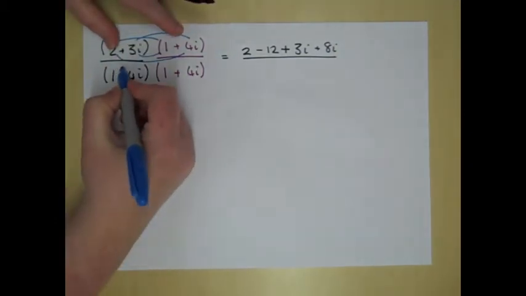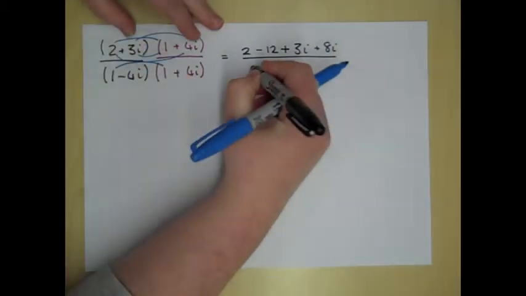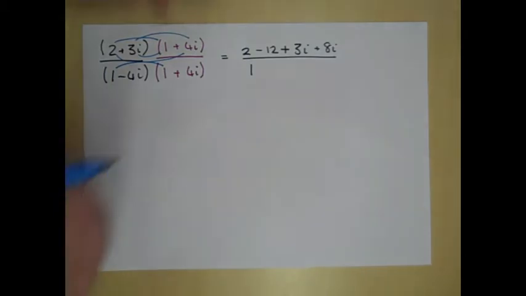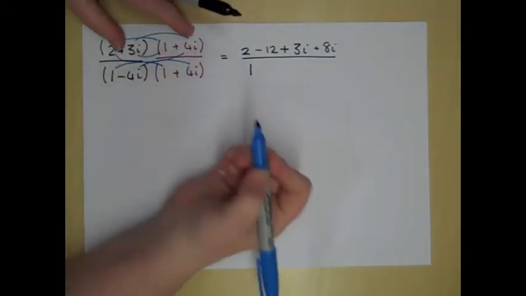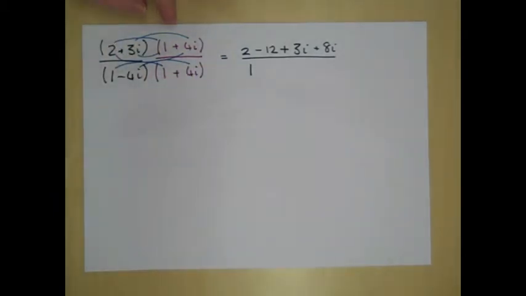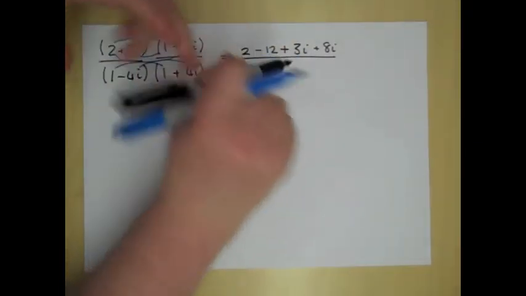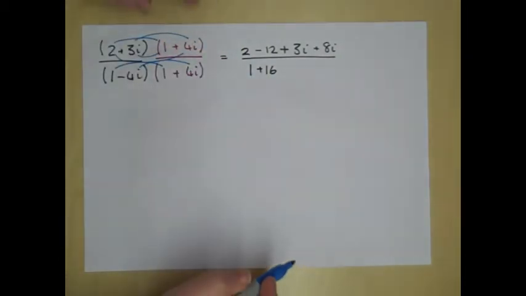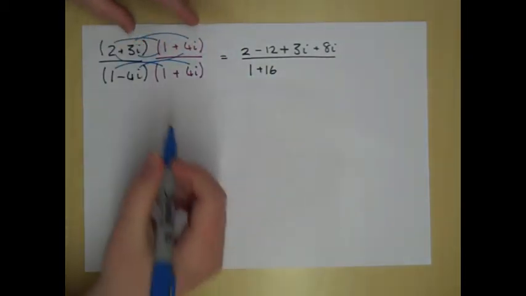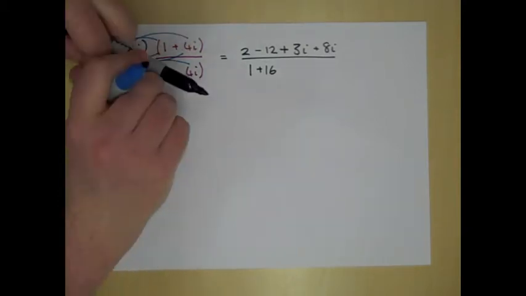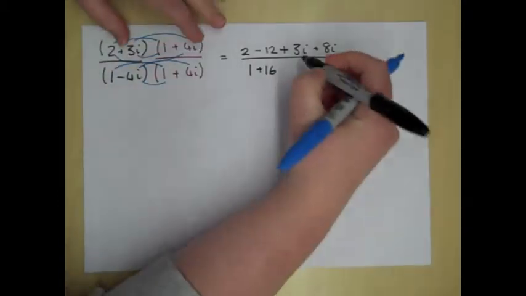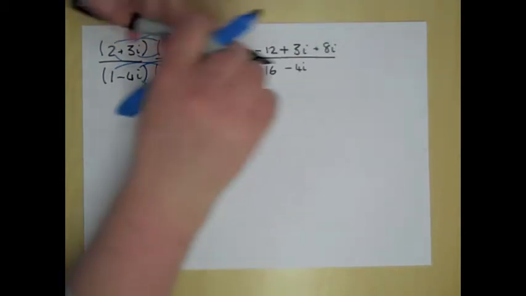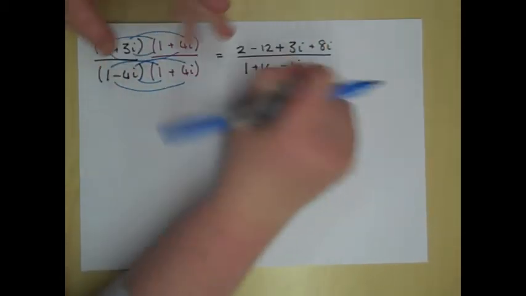And then my bottom, I'm going to have 1 multiplied by 1. And then I'm going to have minus 4i multiplied by 4i, which is going to give me minus 16i squared, which is going to become plus 16. And then I'm going to have minus 4i and plus 4i.